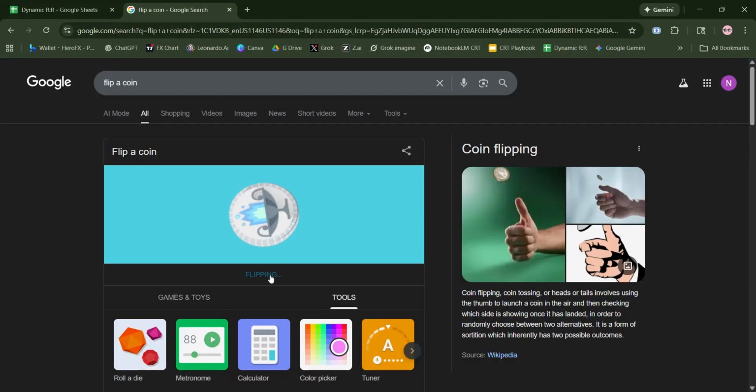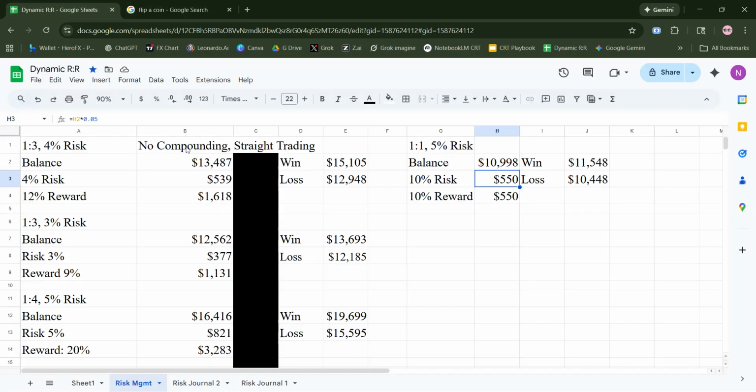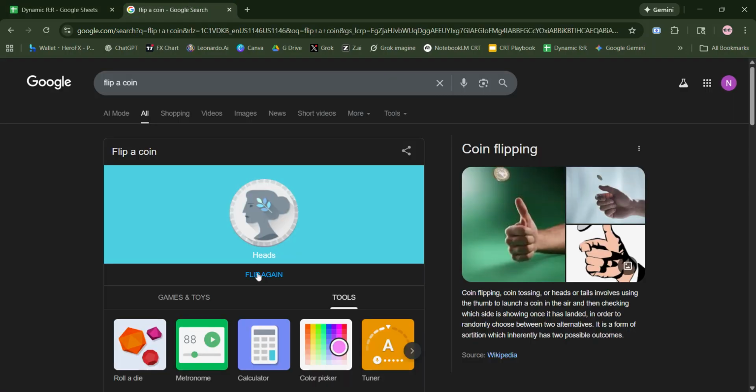Two more. 15,105. 13,693. 19,699. 11,548. Last trade. Another winner.